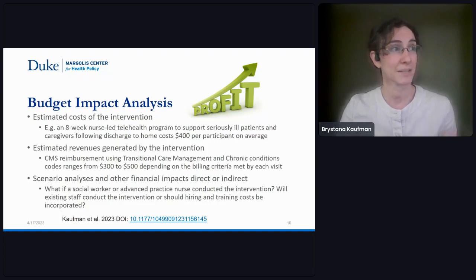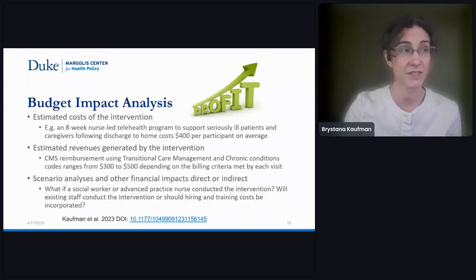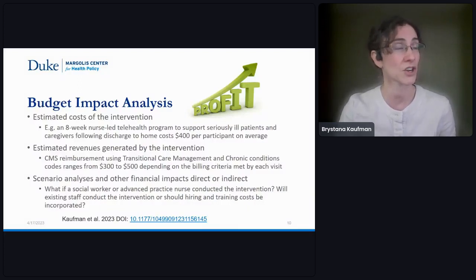And so one example was a randomized control trial for an intervention telehealth program supporting caregivers of seriously ill patients. And so we estimated the cost of the nurse conducting those telehealth visits over 8 weeks following discharge.